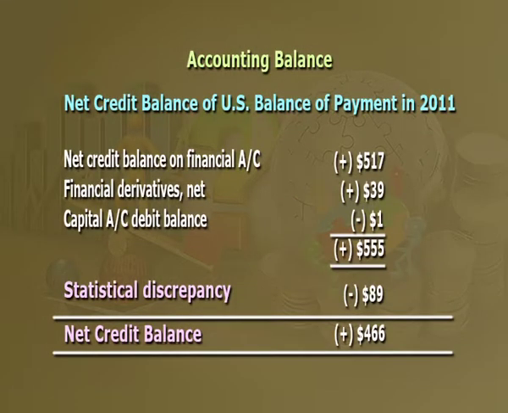When we add the net credit balance of positive $39 billion of financial derivatives and the net capital account debit balance of negative $1 billion, it gives the net credit financial account balance of positive $555 billion. When we add the statistical discrepancy of negative $89 billion, it gives a net credit balance of positive $466 billion on financial account and statistical discrepancy for the US in 2011.